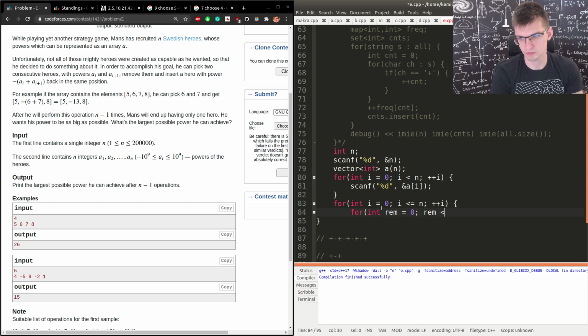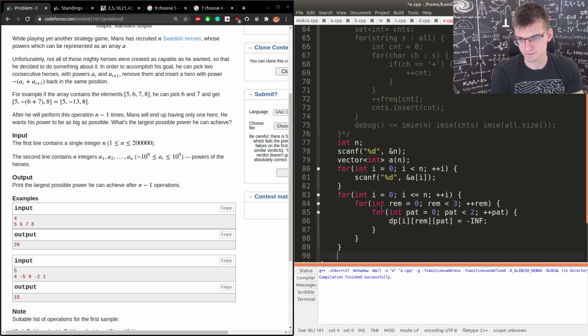Remainder and the pattern thing. No, I don't want to write it with Boolean value smaller than 2. No, not true, 0.